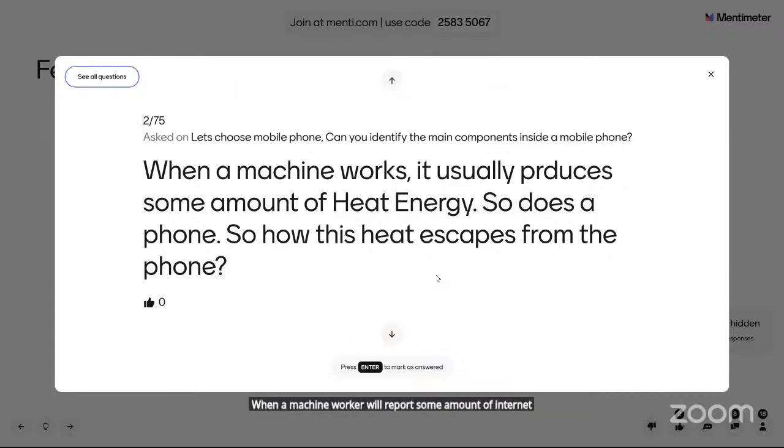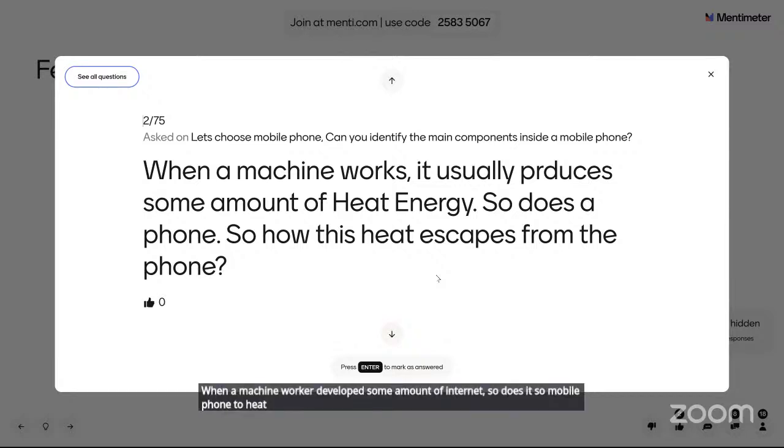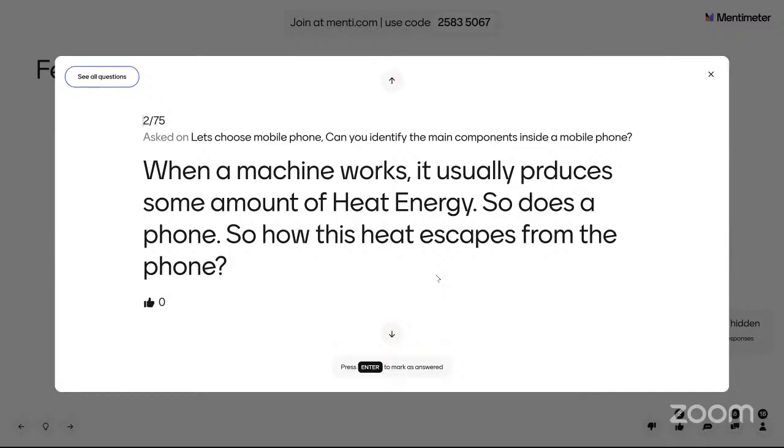So how does the mobile phone reduce heat? If you see the backside of the mobile phone, it is basically metallic. That metallic back escapes the heat into the environment, and in that way your mobile phone escapes the heat.